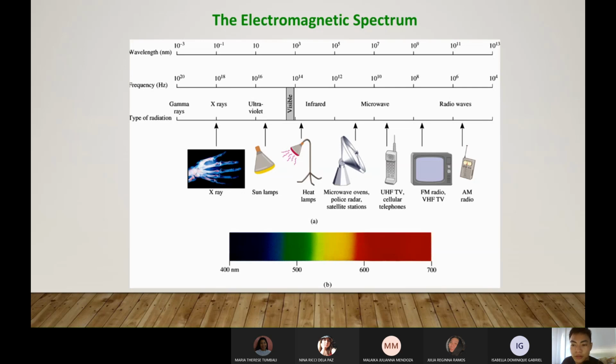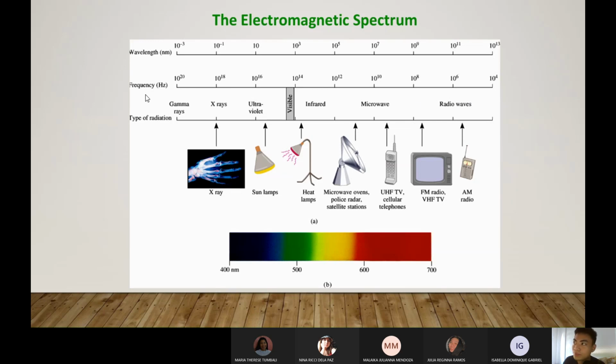Pero ako, naabutan ko yan. No? Although 1998 lang ako, pero naabutan ko yan. Okay. So, yung infrared rays, yun yung ginagamit for remotes, for cellphones, no? Dati wala pang Bluetooth eh. So, we use infrared rays, no? And etc. So, radio waves, ito naman yung ginagamit sa radyo.